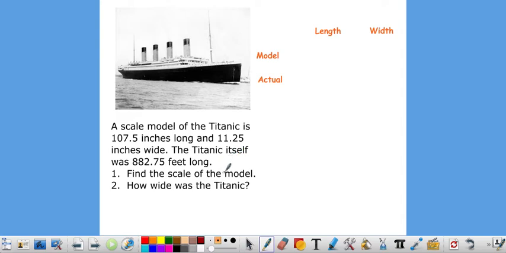So for the scale of the model, you're just going to compare like things. In this case, we know the actual length is 882.75 feet, and the length of the model is 107.5.